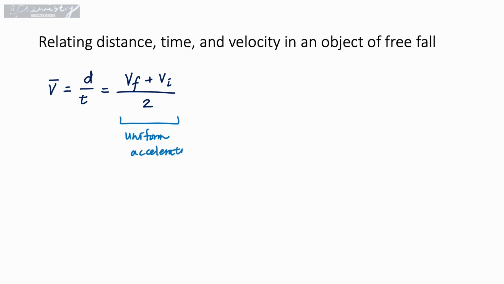If you are wondering what I'm talking about, remember to review back when we were looking at velocity. So with these two, we can rewrite this portion of the equation into something else. We can say that d over t is equal to Vf plus Vi divided by 2, because both are equal to the average velocity. Then let's try to clean this up.